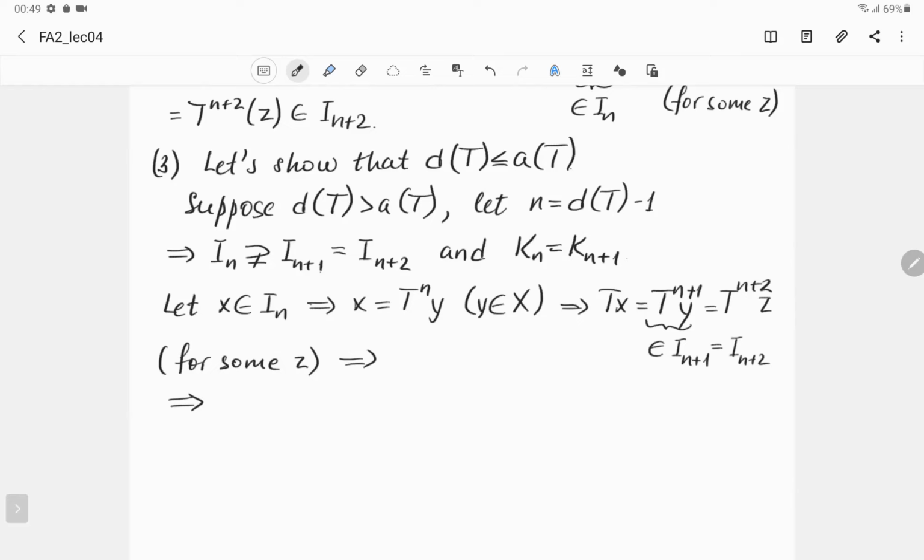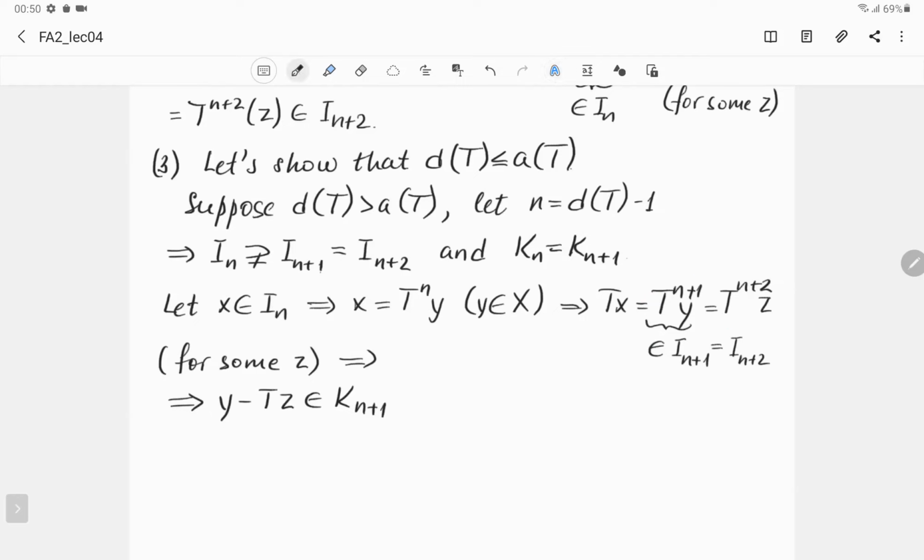Okay, now if we look here and we take y minus T of z, we see that this element sits in K(T^(n+1)), the kernel of T to the power n plus 1, which is equivalent to this equality.